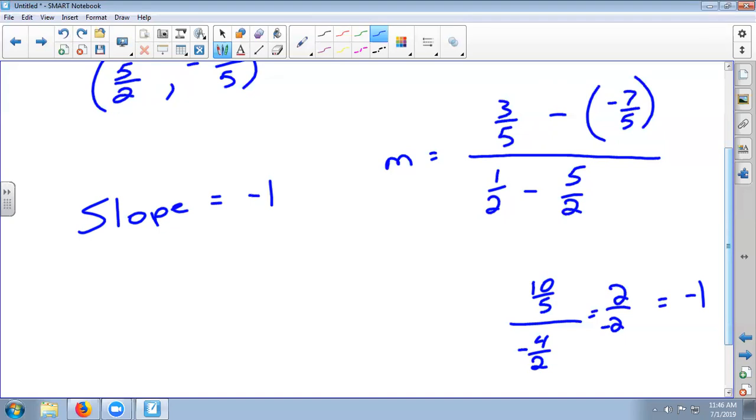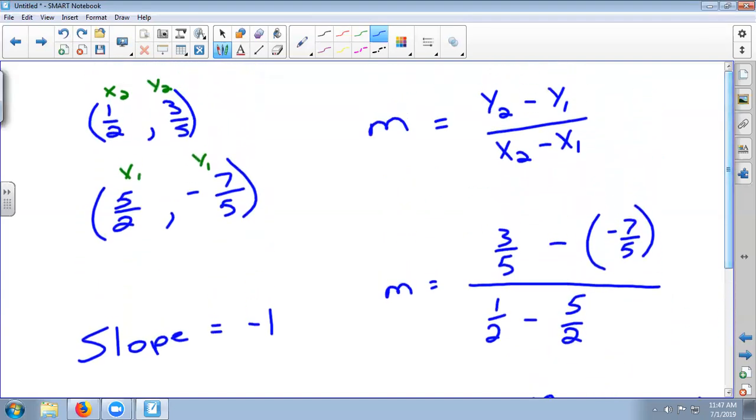That worked out nice. It should have easily been a fraction, right? Okay. Finding slope is simply a matter of using a formula. This is the formula: M equals y2 minus y1 over x2 minus x1.